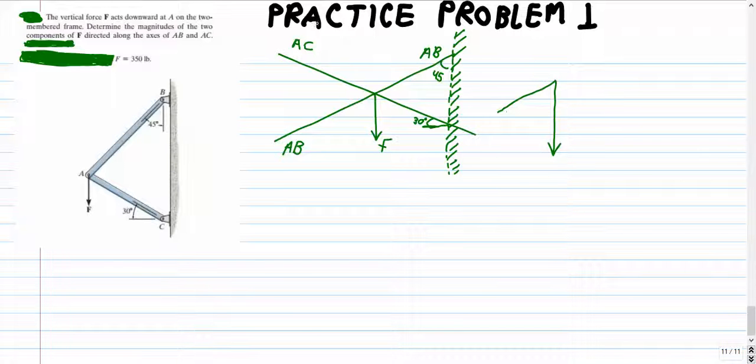Let's extend that a little bit. And what if the vector along the AC line is like this? So here we have a complete vector triangle. Now let's put in the angles.